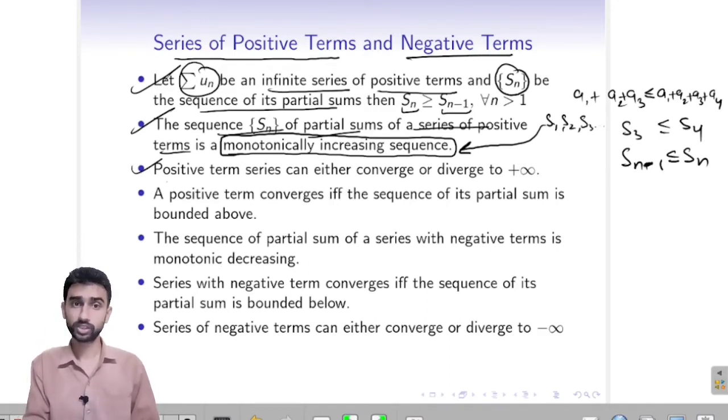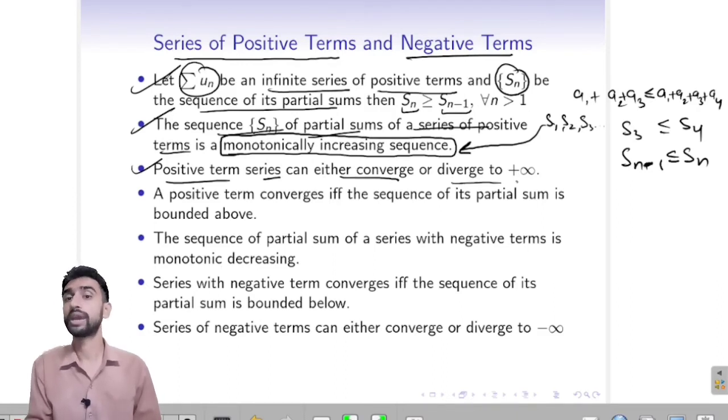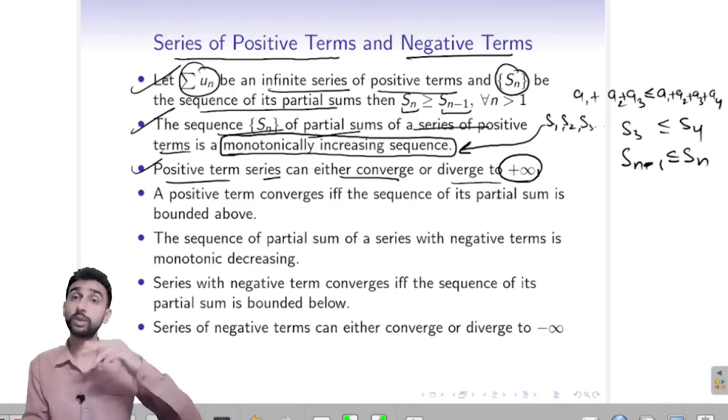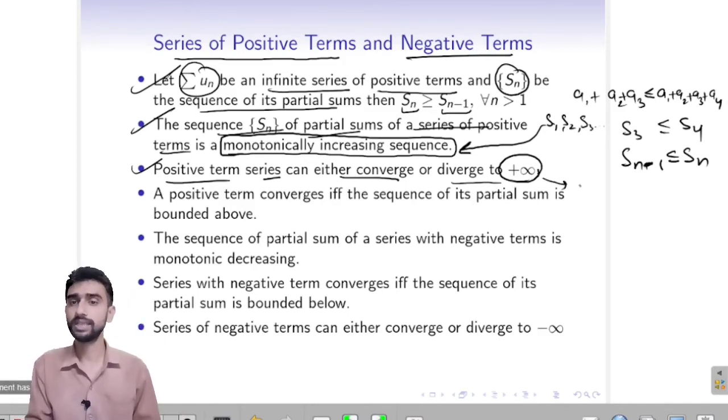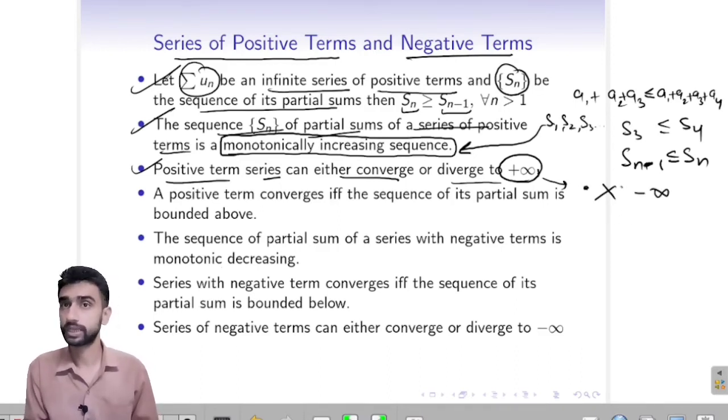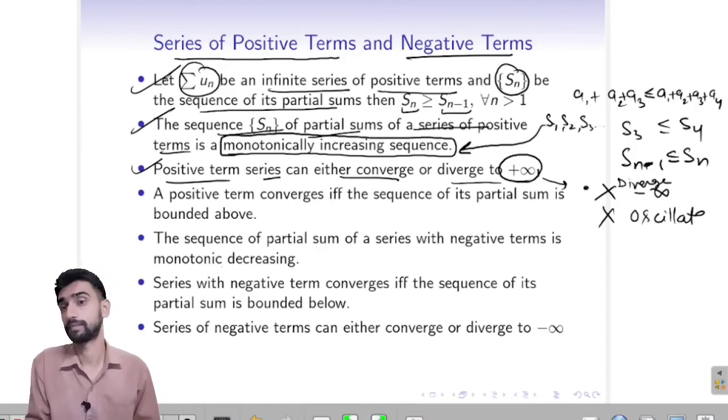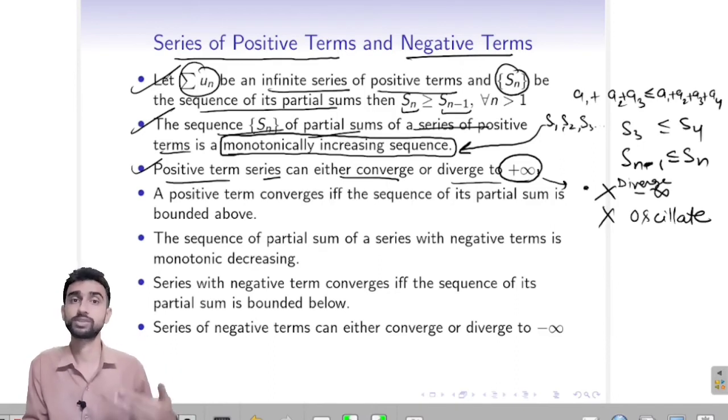Now next, a positive term series can either converge or diverge to plus infinity. Now this is important. Either it will converge or it will go to positive infinity. What it means is it can't diverge to negative infinity. And another thing, it can never oscillate if it is a series of positive terms.